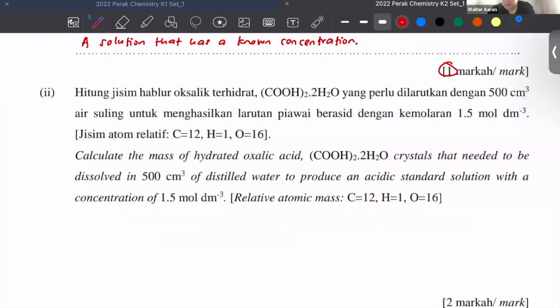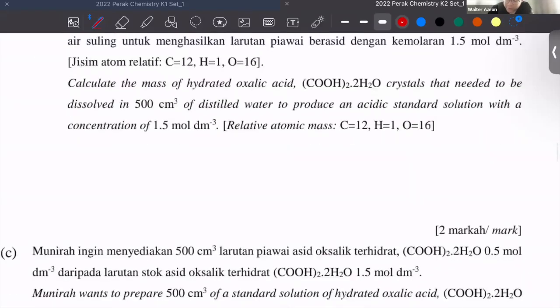Number two, calculate the mass of hydrated oxalic acid crystals that needed to be dissolved in 500 cm³ distilled water to produce the standard solution with a concentration of 1.5 mole per dm³. Okay, so what we need to do now is calculate the mass to get number of moles. So what we need to do right now is very simple. First step is to get number of mole of the oxalic acid crystals.